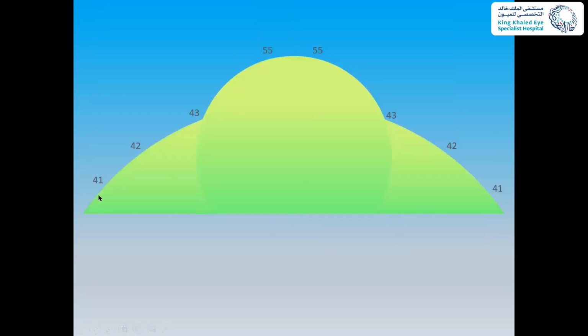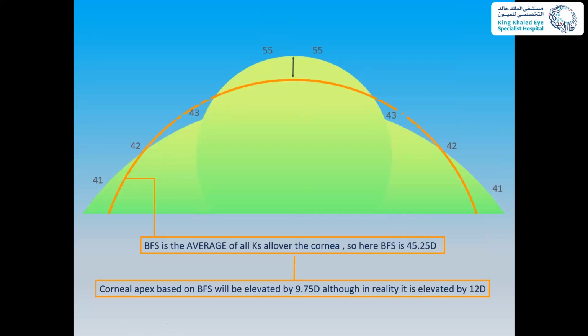So keratoconus may be normal there, and then there's a focal thinning or protrusion, okay? Because of this focal protrusion, the best sphere fit will be made from here, including 41, 42, 43, and 55. So when you include 55, the best sphere fit will be artificially very high, okay?